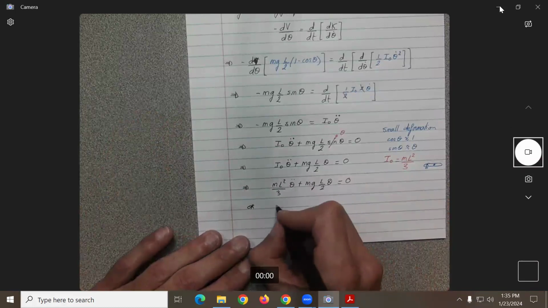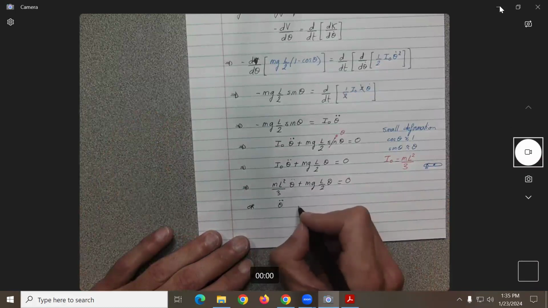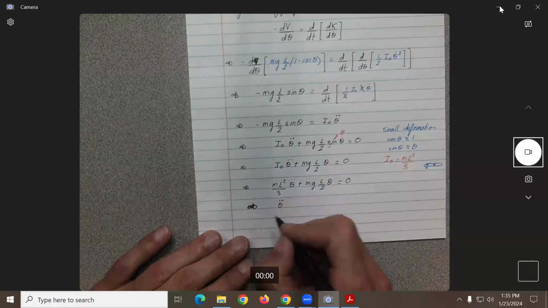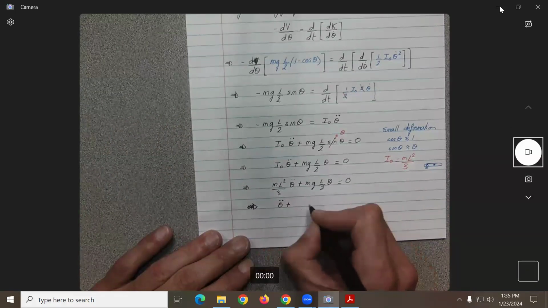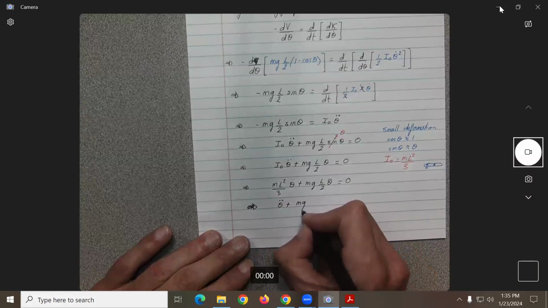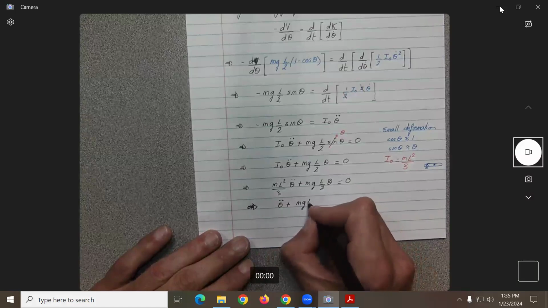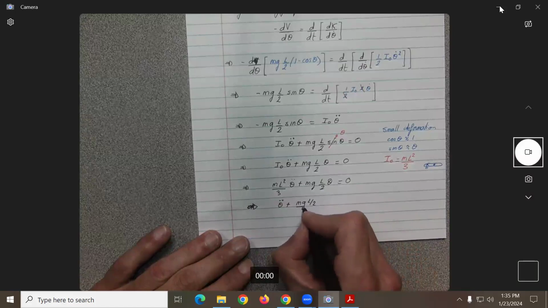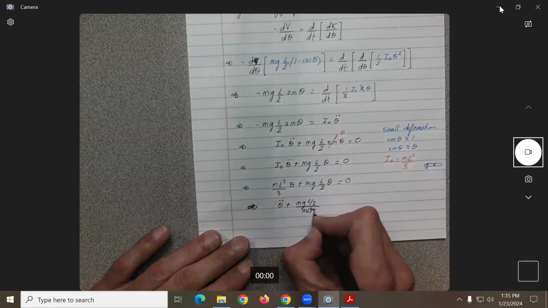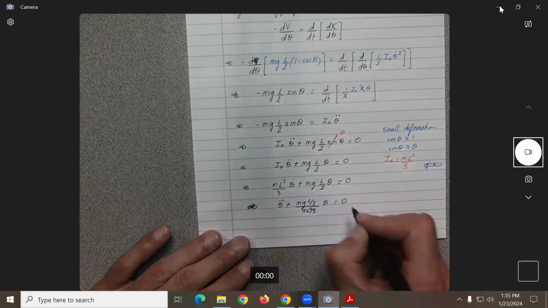Or this will be equal to theta double dot plus mg L over 2 divided by mL squared over 3 theta equal to 0.